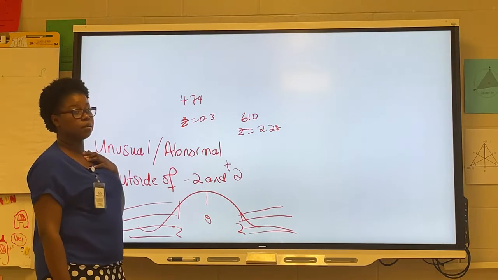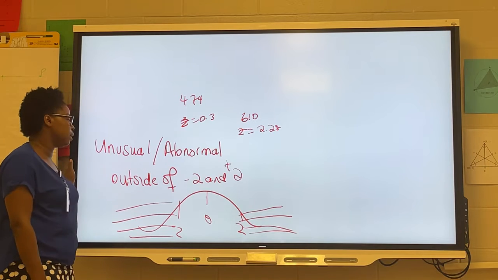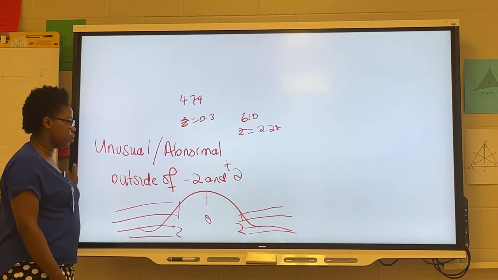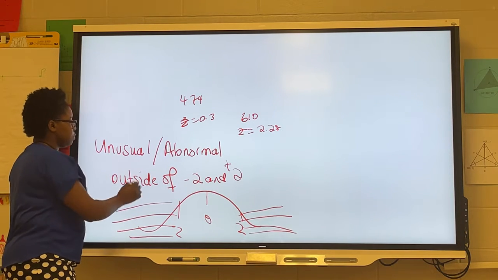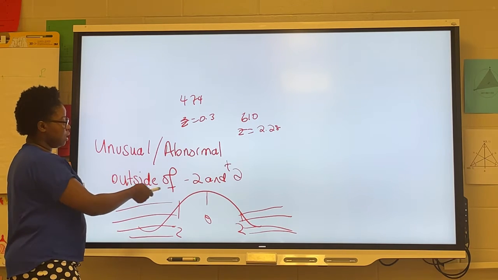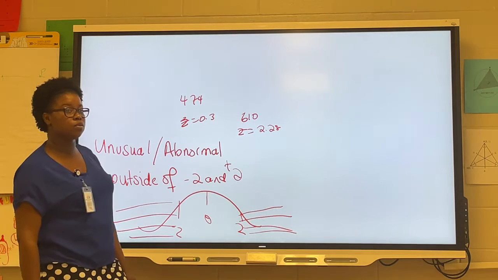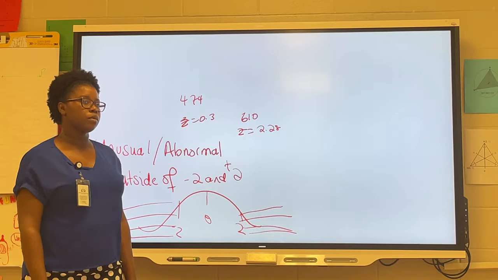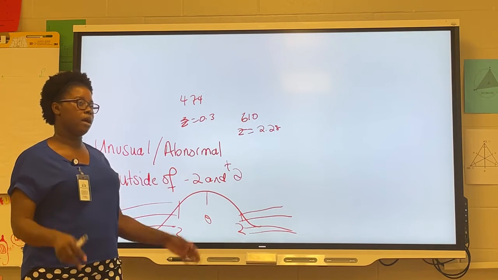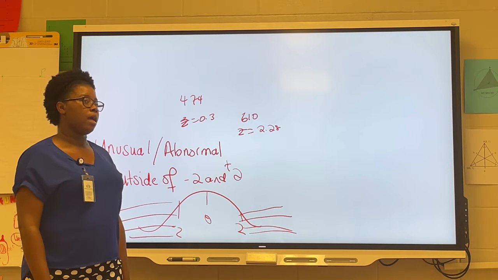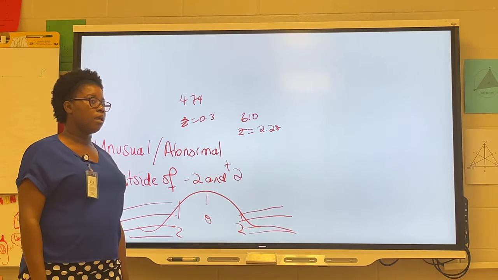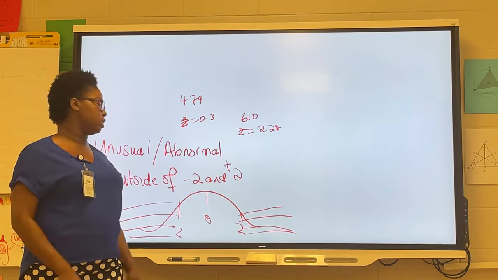So that's going to be considered unusual, or some would say abnormal. Unusual is when the Z value falls outside of -2 and +2. Abnormal and unusual are the same word, so some people use them interchangeably.